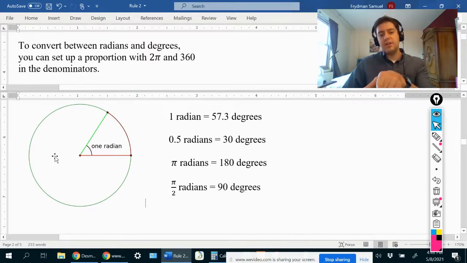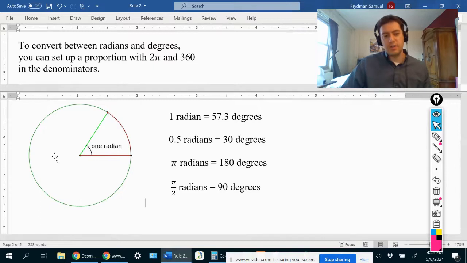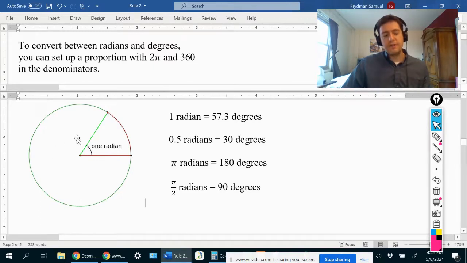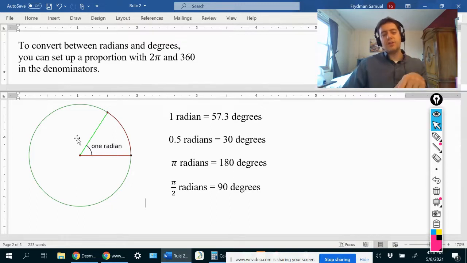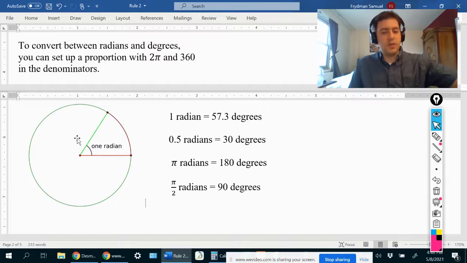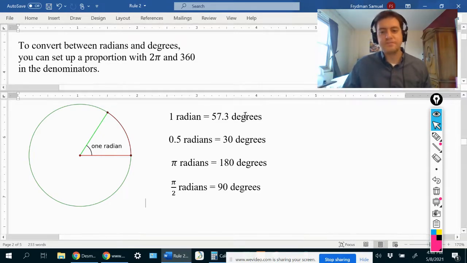So 90 degrees is half of 180 degrees. So if 180 degrees was pi radians, then 90 degrees should be half of pi, or pi over 2 radians. Okay, so again, it's relatively simple to convert between radians and degrees, just like converting between any units. You can set up a proportion and then cross multiply and divide and get the answer that way.